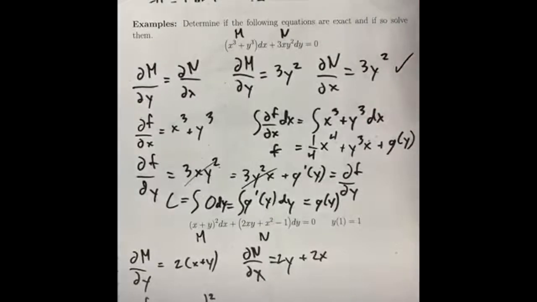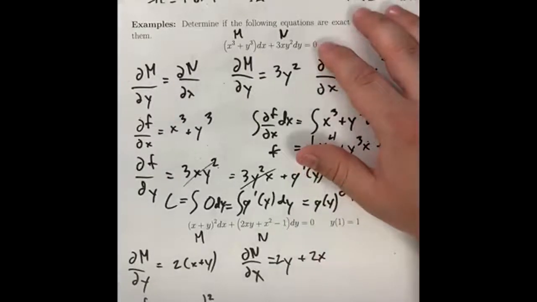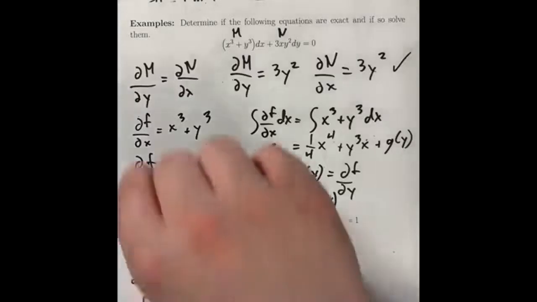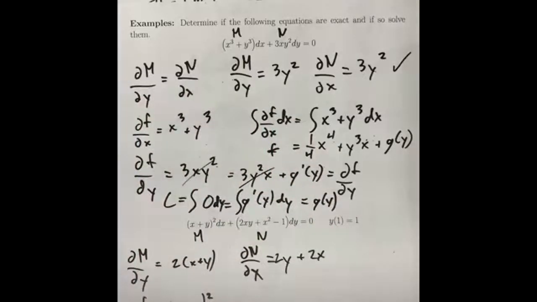So we're going up one dimension in order to solve these 1D equations. It's hard to think about, but if you focus on these partial derivatives and undoing them, it's not too bad.